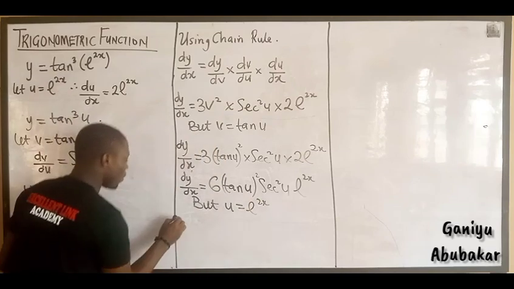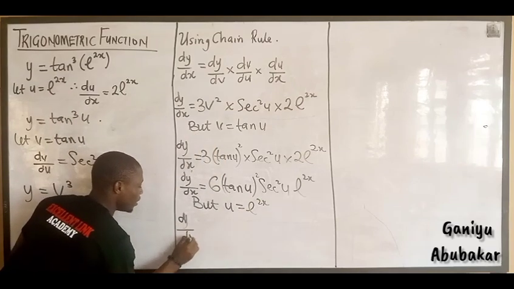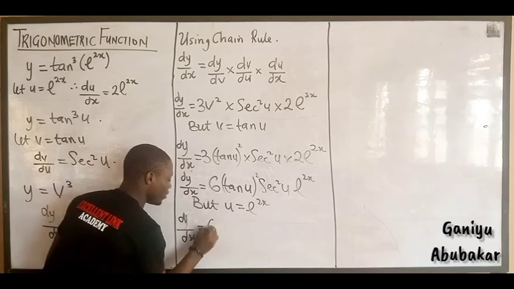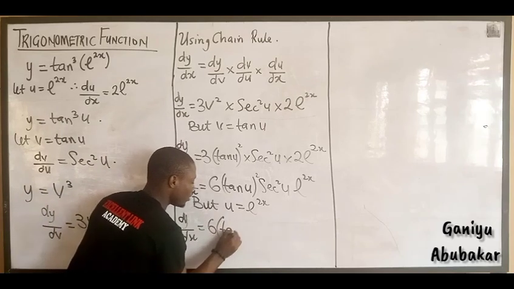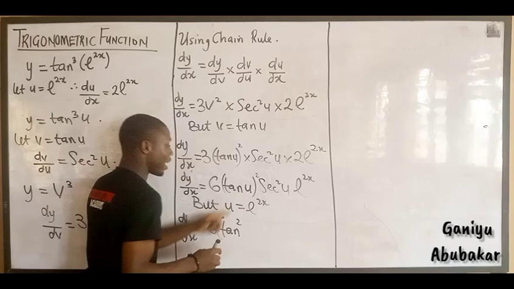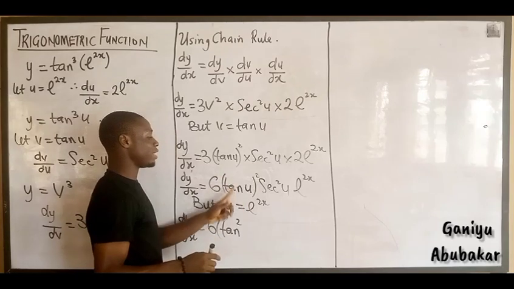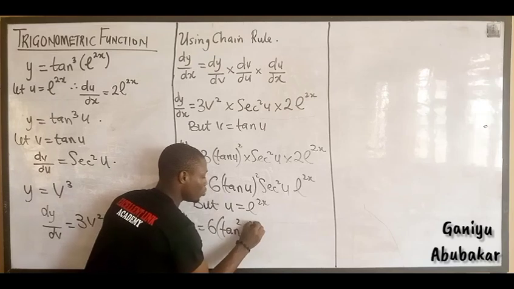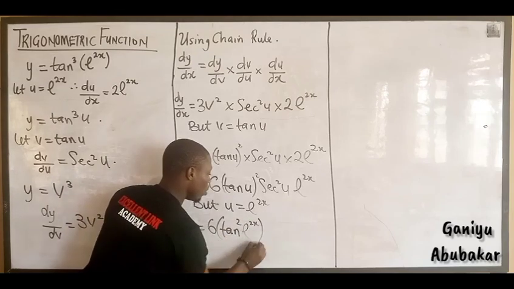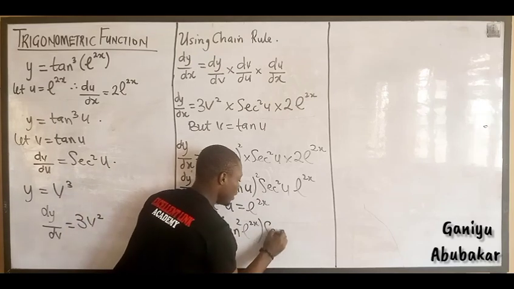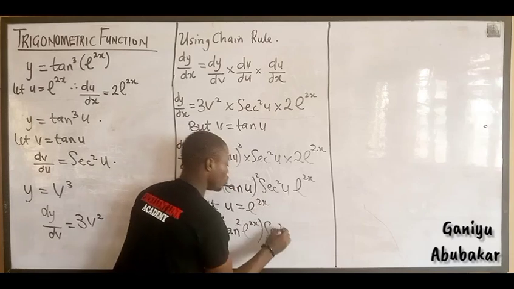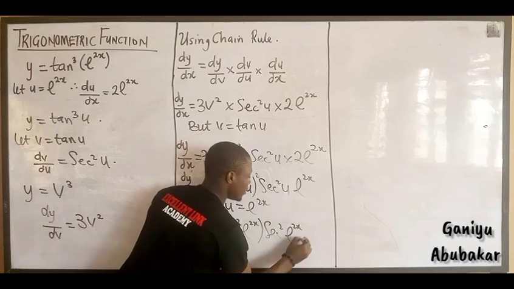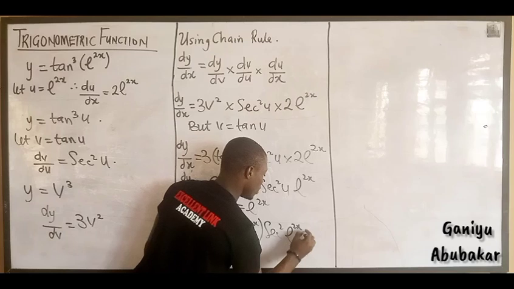Of course, I'll have dy/dx equal to 6 into tan squared u, which is tan squared of exponential 2x, all into sec squared u. What was u? Exponential 2x. Then finally what?